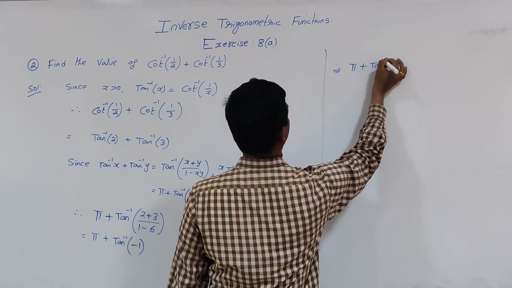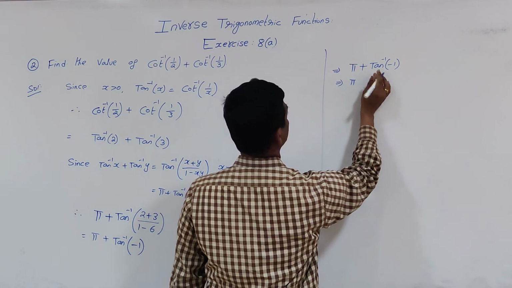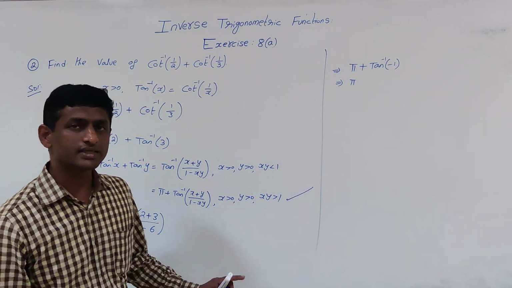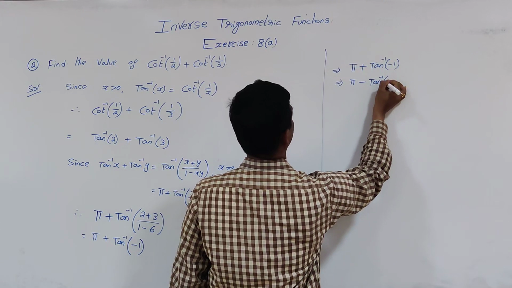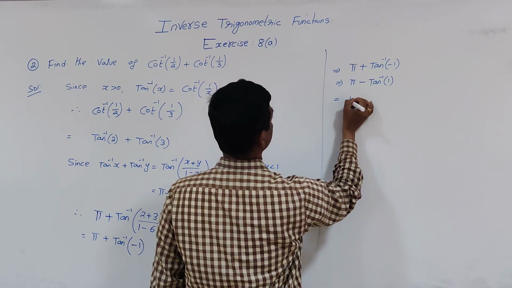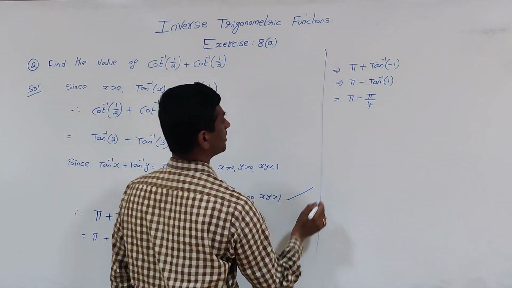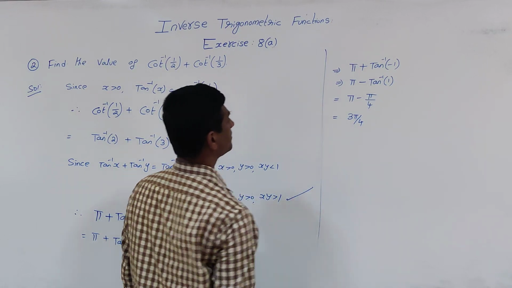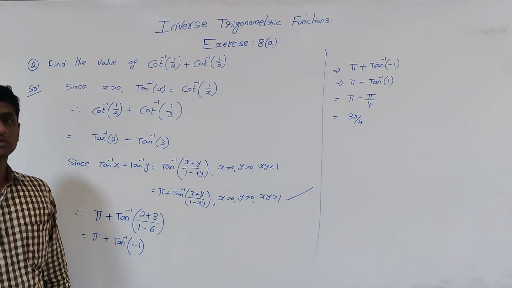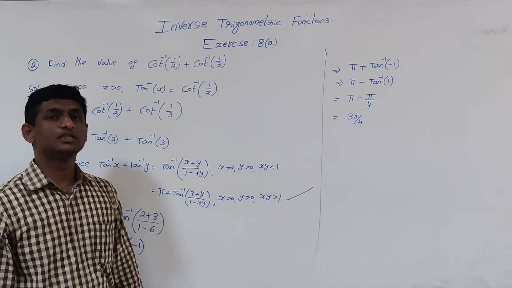Tan inverse of minus x is minus tan inverse of x. So pi minus tan inverse of 1, and this gives pi minus pi by 4, where tan inverse of 1 is pi by 4, and this gives 3 pi by 4. So pi minus pi by 4 is 3 pi by 4. Therefore cot inverse of 1 by 2 plus cot inverse of 1 by 3 will be 3 pi by 4.